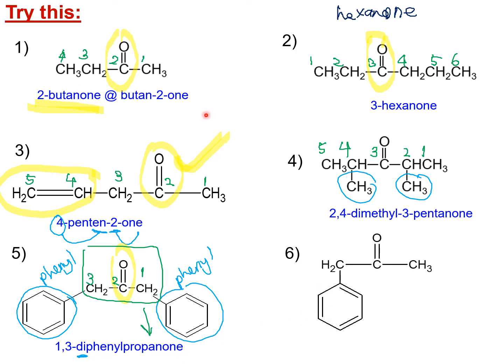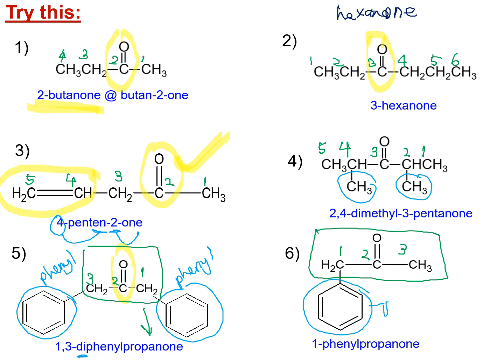Okay, and lastly, this one ialah 1-phenylpropanone because why? This is the parent, okay, di mana dia ada 3 carbon kat situ, tapi you cannot numberkan daripada kanan ke kiri because kalau let's say you numberkan daripada kiri ke kanan, okay, it is much better since nanti carbon number 1 ni you terus nampak substituent benzene, okay.